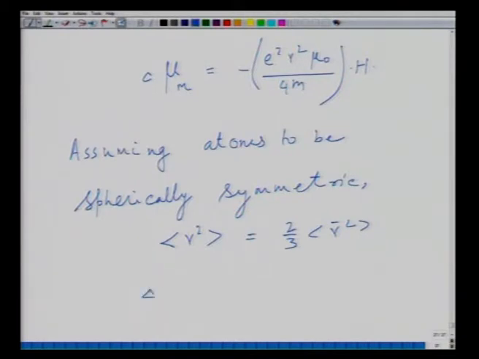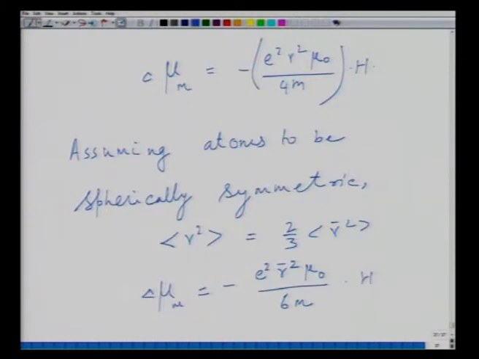And this delta mu m becomes minus of e square r bar square mu naught divided by 6m into H. So this is the change in the magnetic moment.